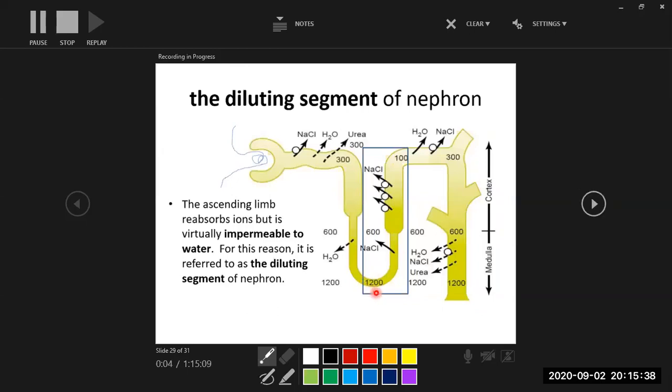As I mentioned before, the descending limb is water permeable while the ascending limb is impermeable to water, but we only pump the salt back. And so we see the urine will be diluted in the ascending limb. So the ascending limb is also called the diluting segment of the nephron.